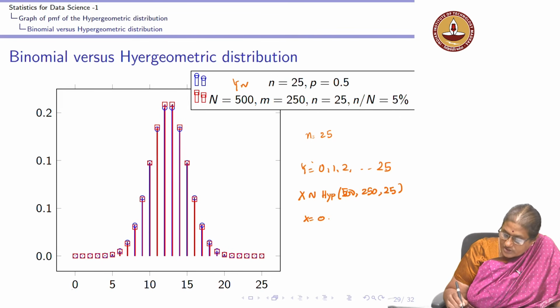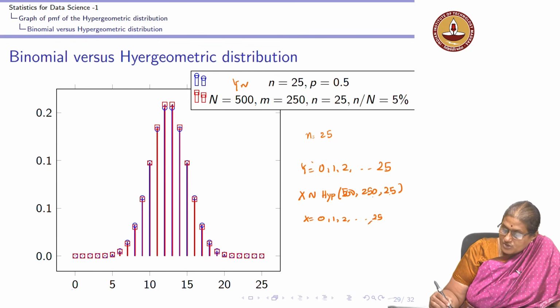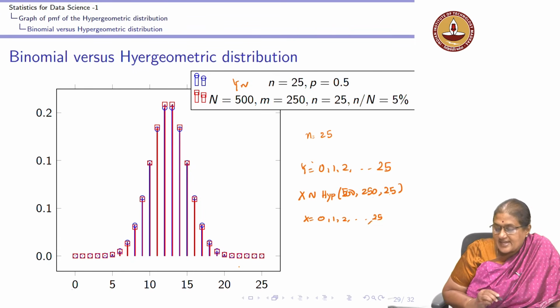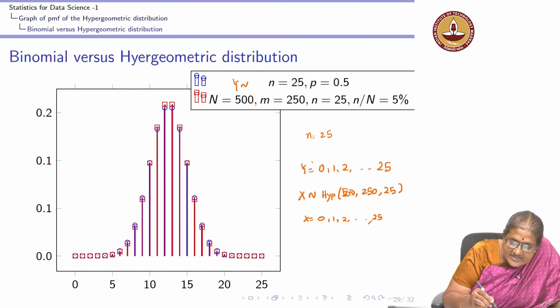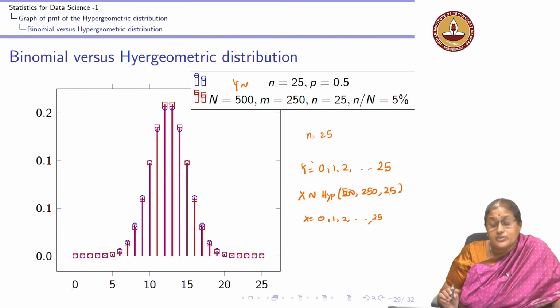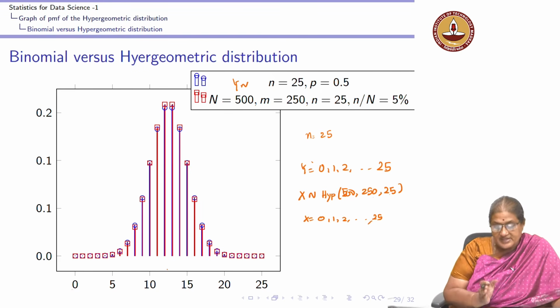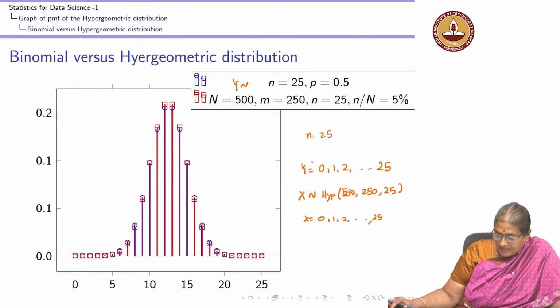Again, my X also takes values 0, 1, 2 up to 25. Remember, it is the minimum of n and m. It is 25 and 250, so it is 25. So, both X and Y take the same values, n by N is 5%. Here you can see a slight difference between the blue bars and the red bars. The expected value, or the center of the distribution, remains the same.